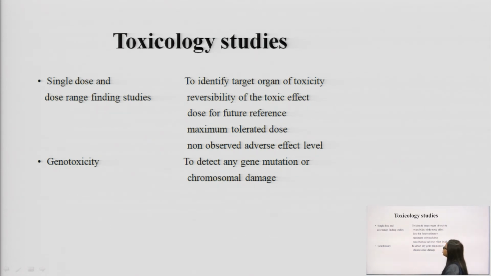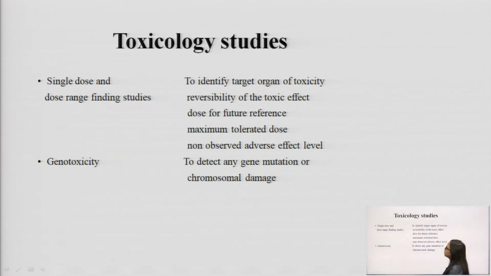Next is toxicology studies. So, how do we do toxicology studies? The first is single dose and dose range finding studies. When we do these studies, we check to identify the target organ of toxicity, reversibility of the toxic effect, doses for future reference, maximum tolerated dose, and no observed adverse effect level.